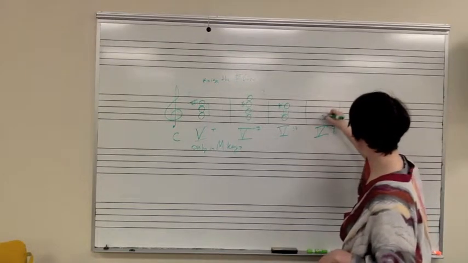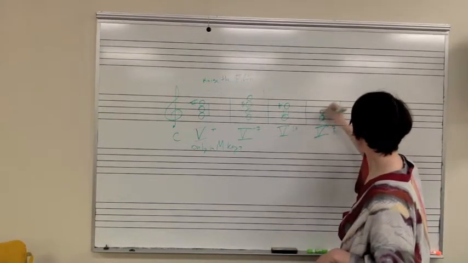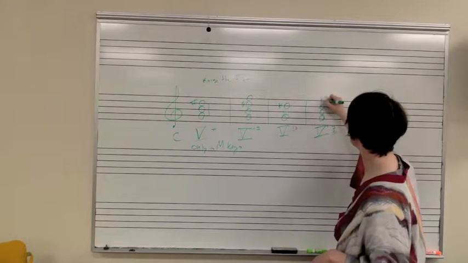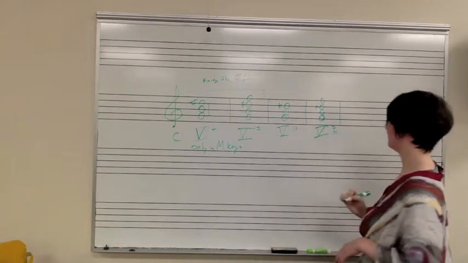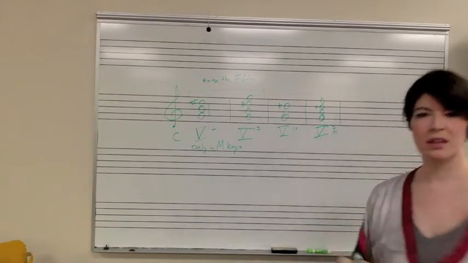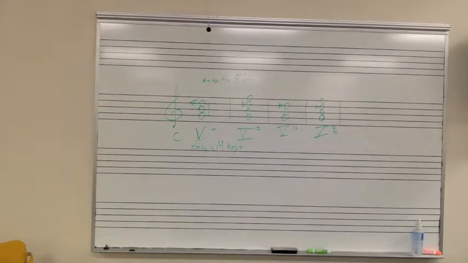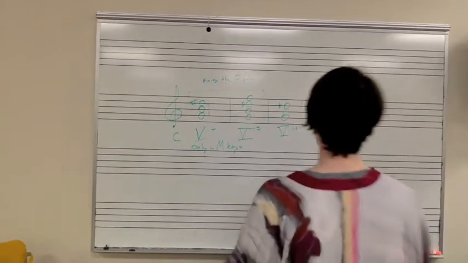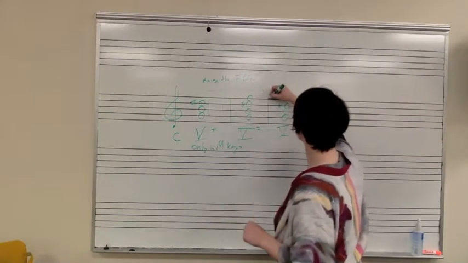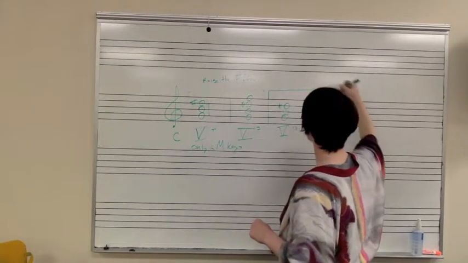Just make a 7th chord and flat the 5th. That's all you have to do. And it'll sound like this. So in this case, all we do for these 2 chords is lower the 5th.